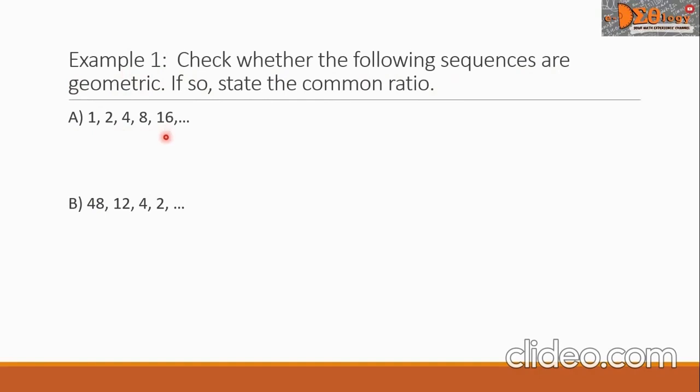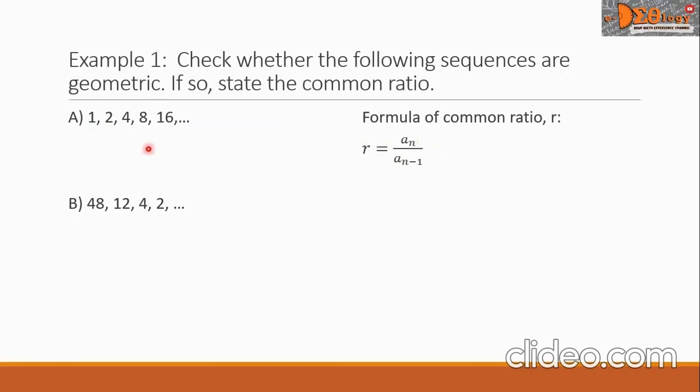For us to know if this is a geometric sequence, we must check each pair of consecutive terms. They must have a common ratio. The formula for common ratio r is this: a sub n, this is any term, divided by the preceding term.